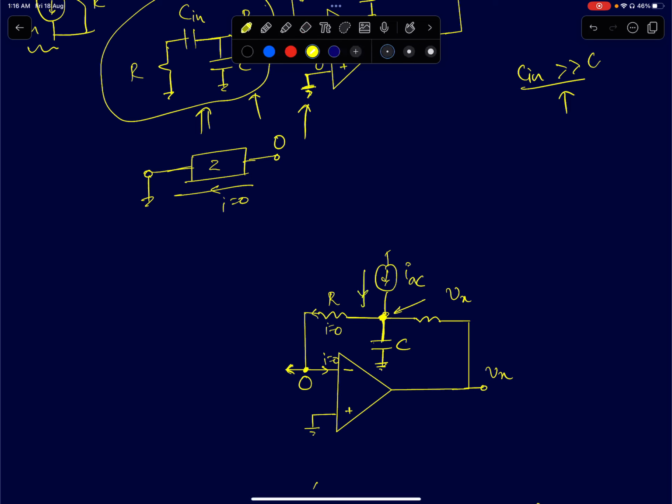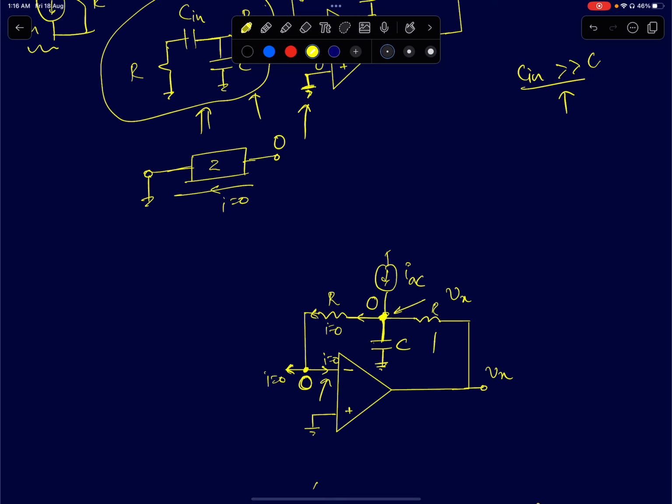Okay. So now we have already seen this node is at 0 and no current is flowing into this node, because on this side the current is 0, and the input of the op-amp current is also 0, and therefore the current flowing through the resistor is also 0. So therefore the voltage at this node will be 0.